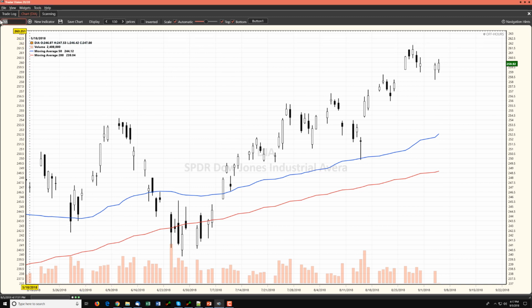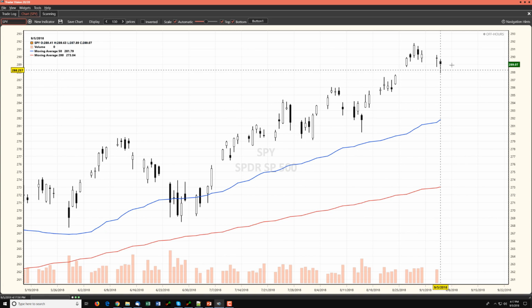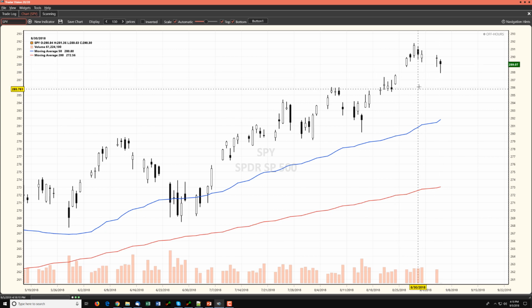I think the SPY was the only ne'er-do-well of the group today. Even that came back from where it was earlier, but put in a hammer. You can see the short-term trend is down, but that long-term trend, the way I had it drawn, we have just broken.